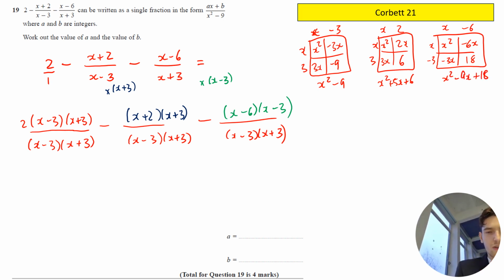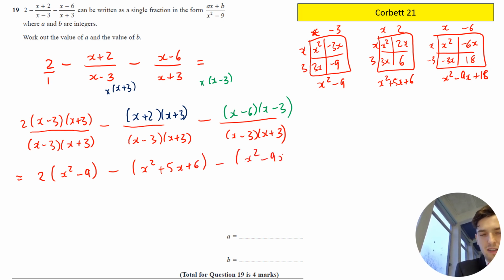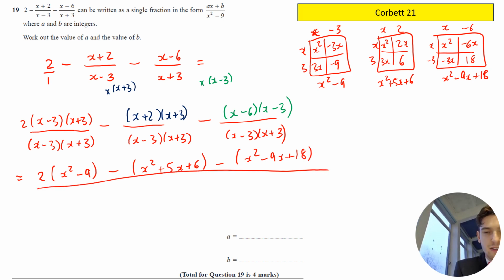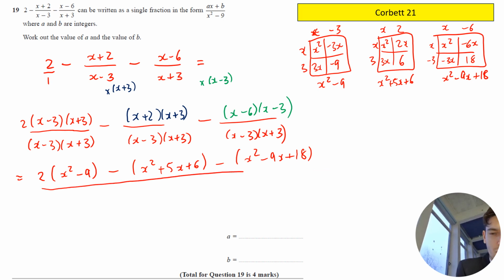Okay, so ready to move on. So the first one is 2 times by x squared minus 9. The next one was x squared plus 5x plus 6. And the next one was x squared minus 9x plus 18. And it's going to be all over x minus 3, x plus 3.